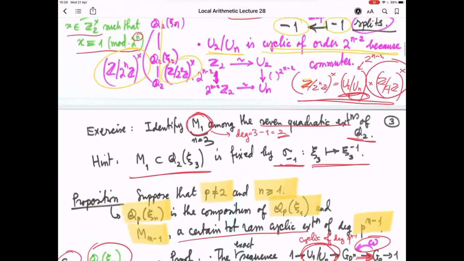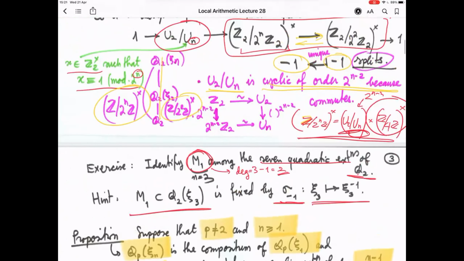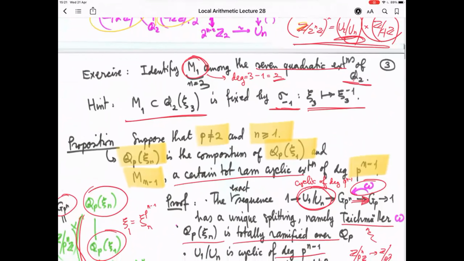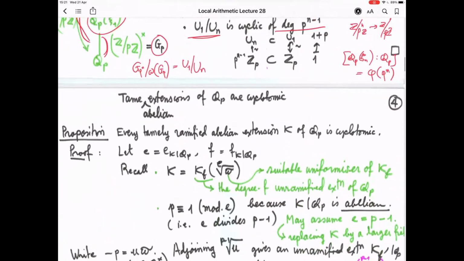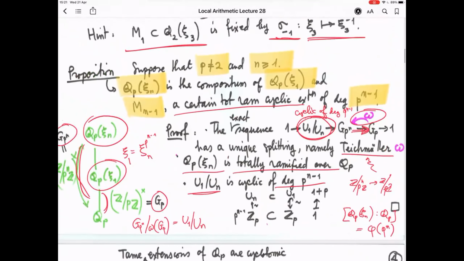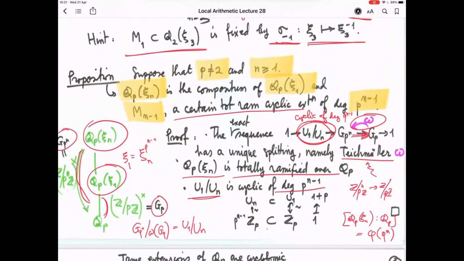So these are two very small lemmas. Basically, of course, we are using a lot of things which we have done earlier. So it says that these extensions Qp psi n, in the case of odd p, is an extension of degree p minus 1 composed with an extension of degree p to the n minus 1.